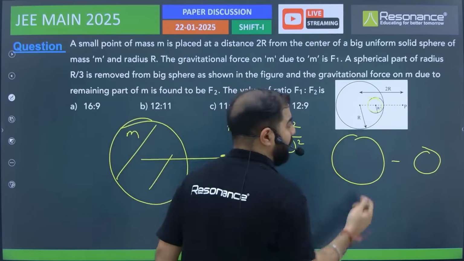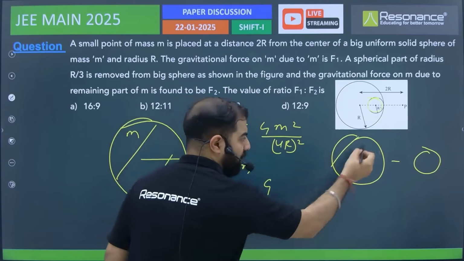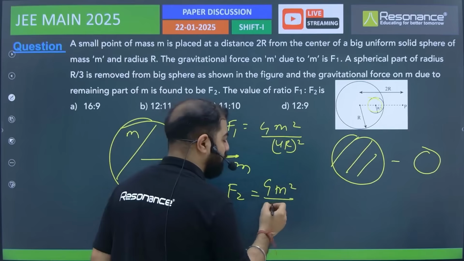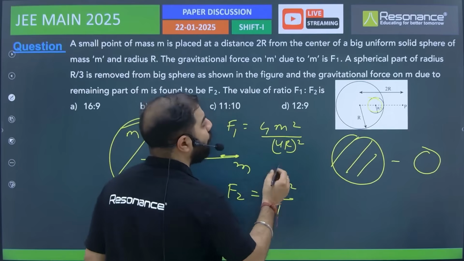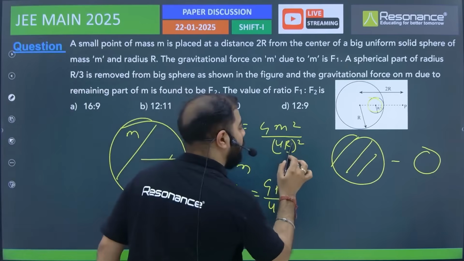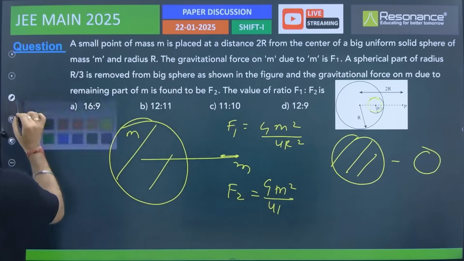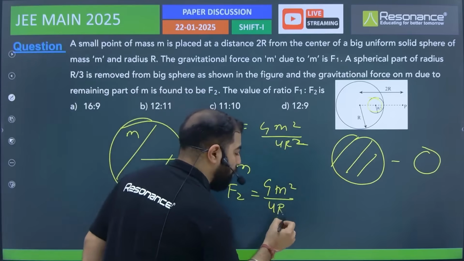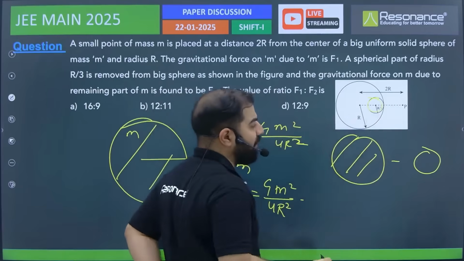At the same point, the force created by this complete solid sphere is Gm square by 2r whole square, so I should have written 4r square here. We can write it like this. So Gm square by 4r square minus, what is the field created by this cavity?